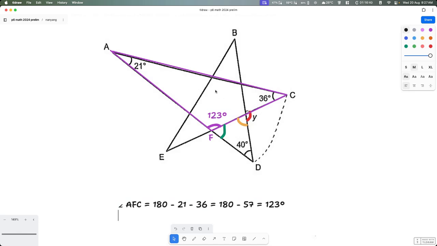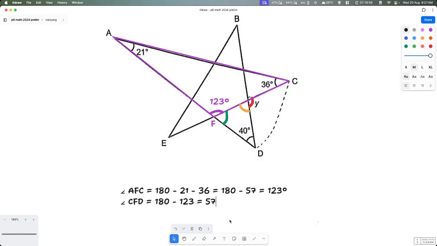Okay, then we can get this angle CFD. So angle CFD is equal to 180 minus 123, which is 57 over here. Okay, 57 degrees. Let's put it over here as green, 57 degrees. Then we can get the yellow one.